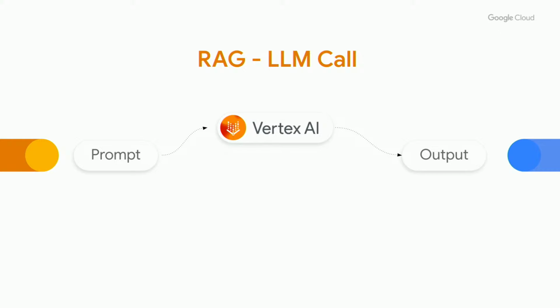The problem is that if I pass it to Vertex, it's not trained on the data in my database. And even if we did decide to train it and fine-tune it, that data is constantly changing and ever evolving. And you want the AI to be up to date on the latest things that are happening within your database. That's where retrieval augmented generation comes in.